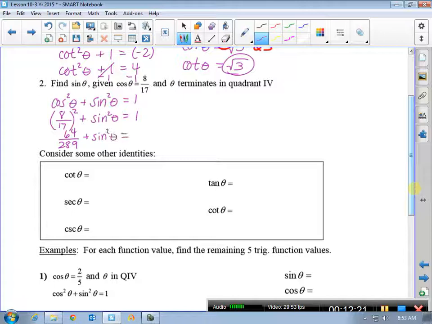And I like to change my 1 right now. If I see I have a denominator of 289, I'll just make this 289 over 289 so that I can do some mental arithmetic. So now I'm going to subtract over the 64 over 289.